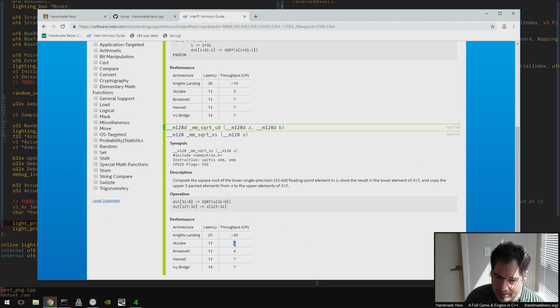So that's probably the more useful number to look at, which is to say that in a long dependency chain where you're pushing a huge set of sequential operations through, and that's all you have to do, then it's 13 cycles.